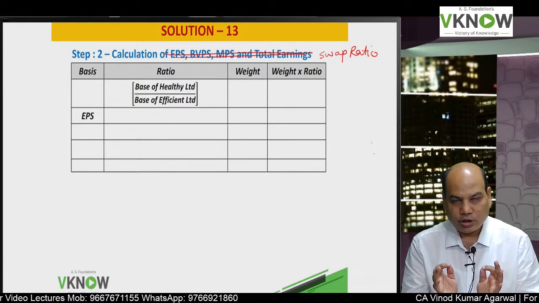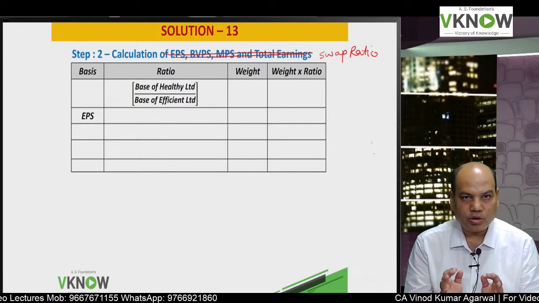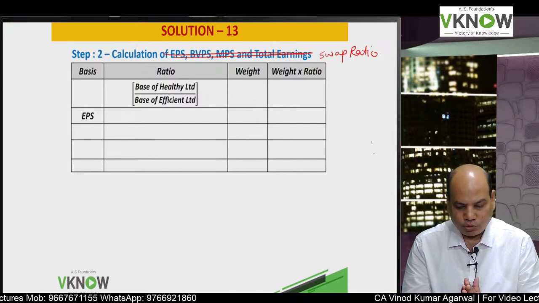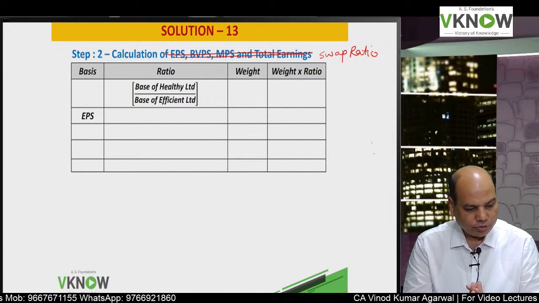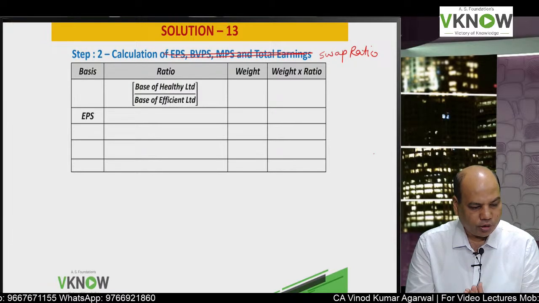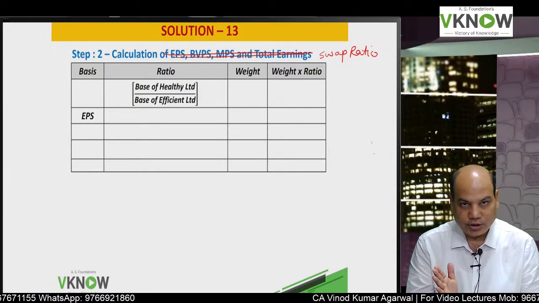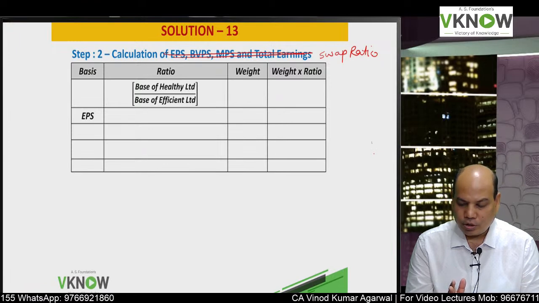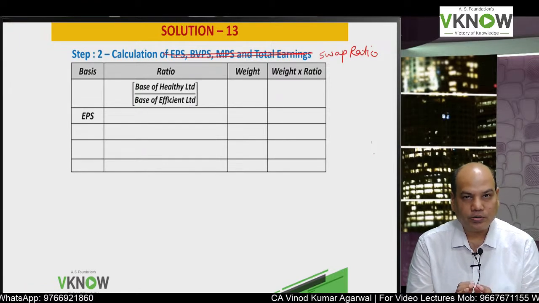First we'll calculate swap ratio based on EPS. If you look at step 1, what was the EPS of Healthy Limited? 16, and EPS of Efficient was 4.